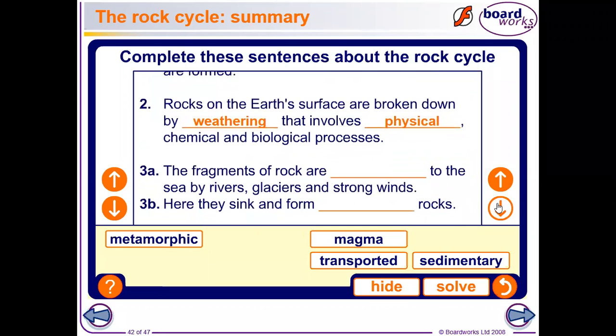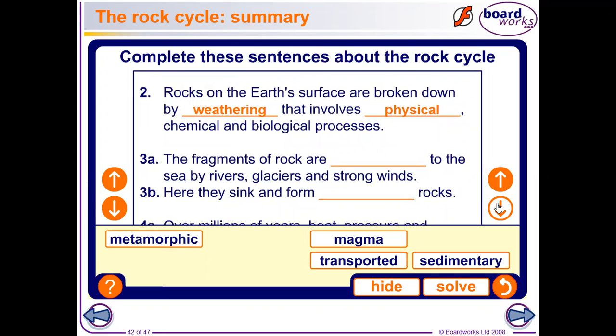Number 3, the fragments of rocks. The fragments here, guys, means the sediments or the small pieces of rocks. No, listen before you answer. The fragments of rocks are transported to the sea by rivers, glaciers, and strong winds. Yes, transported, that's right.